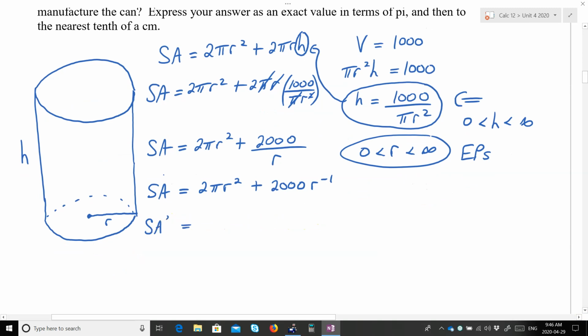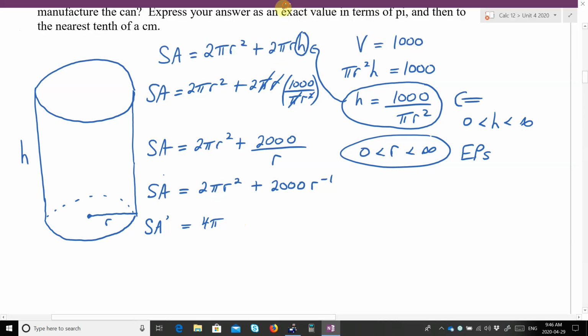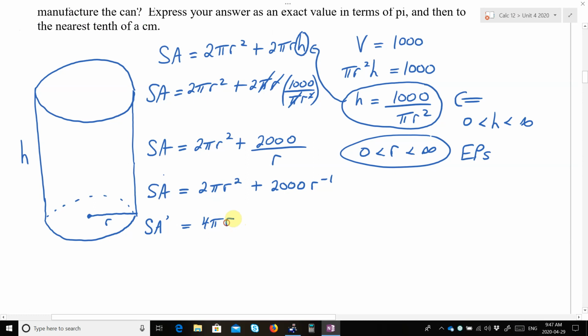Surface area prime is going to be equal to, it's the r that's the variable. So 2 times 2 pi is 4 pi, and then the power of r would go down to 1. And this one here, we would go negative 1 times 2,000 is negative 2,000, and then that would become times r to the negative 2.